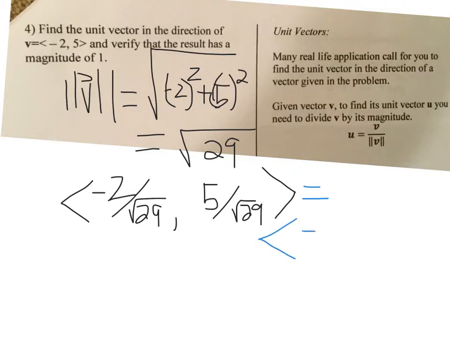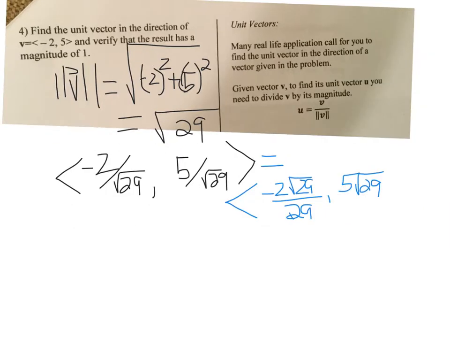So one step better would be negative 2 square root of 29 over 29, comma, 5 square root of 29 over 29.